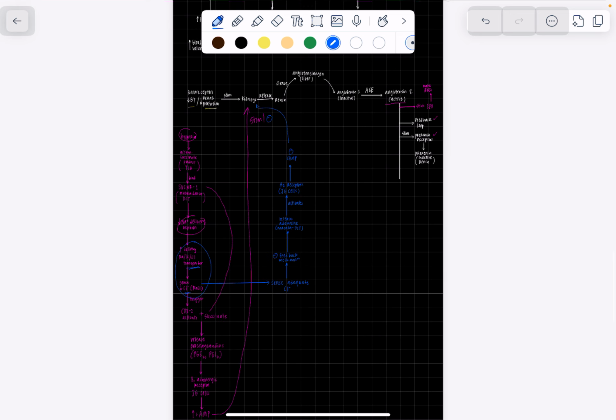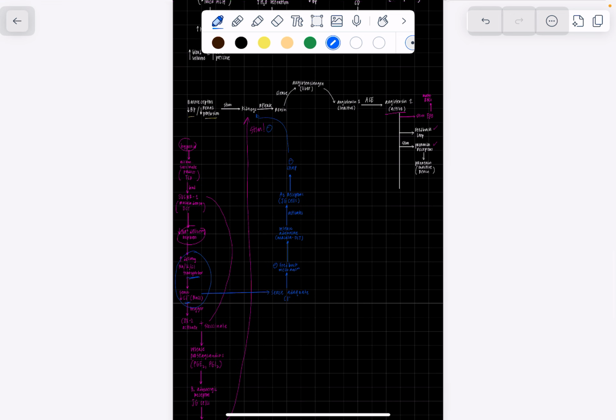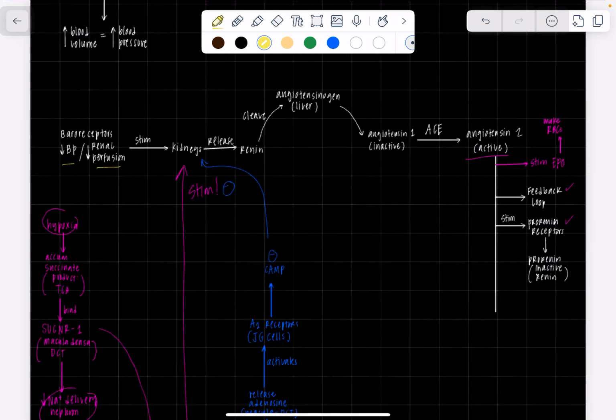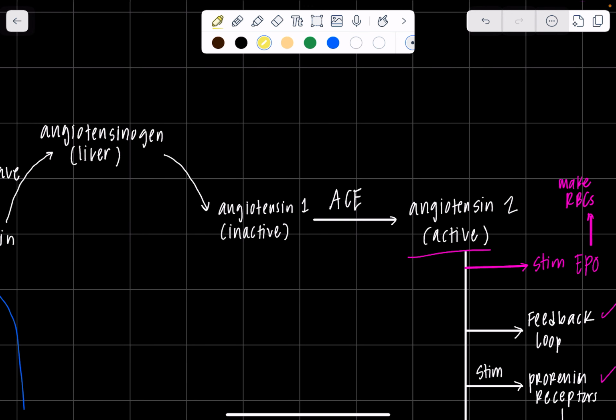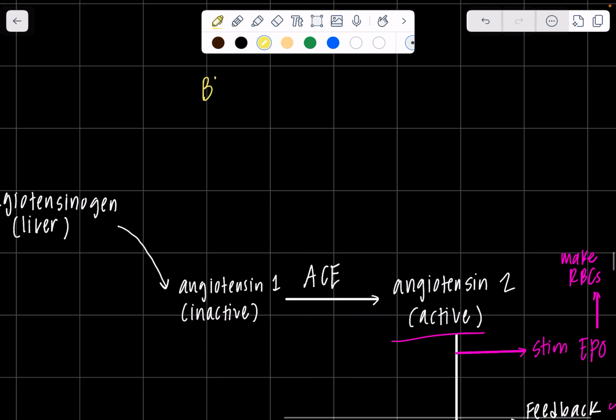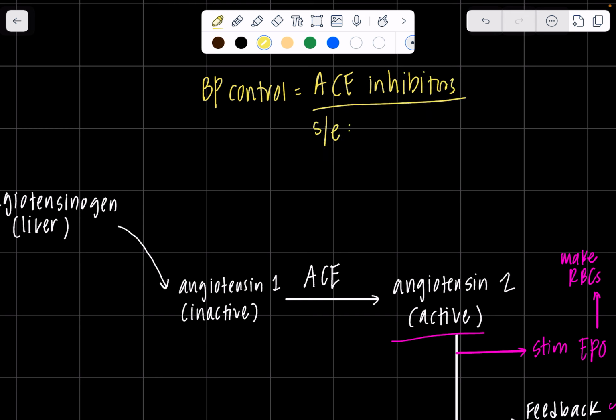A couple things to note. Well, really one thing to note is this. Sometimes we'll talk about how a patient for blood pressure will be given ACE inhibitors, right? One of the common side effects of ACE inhibitors is a dry cough.